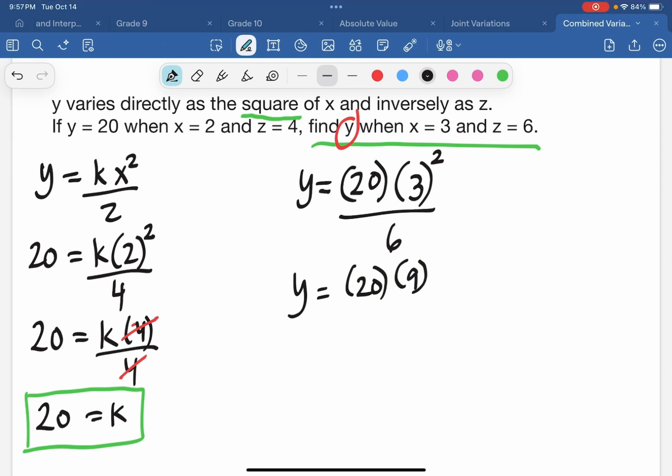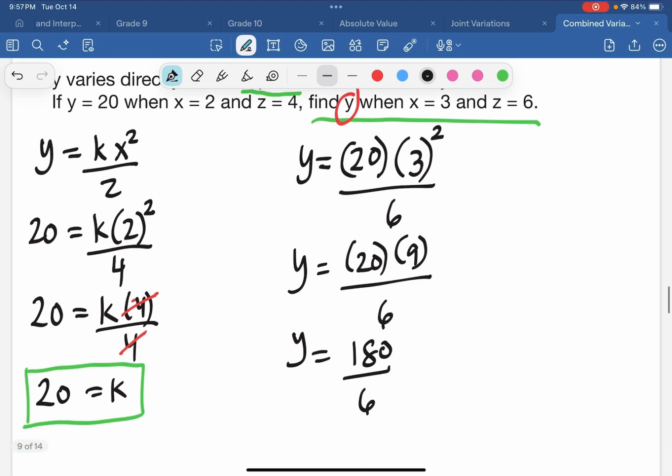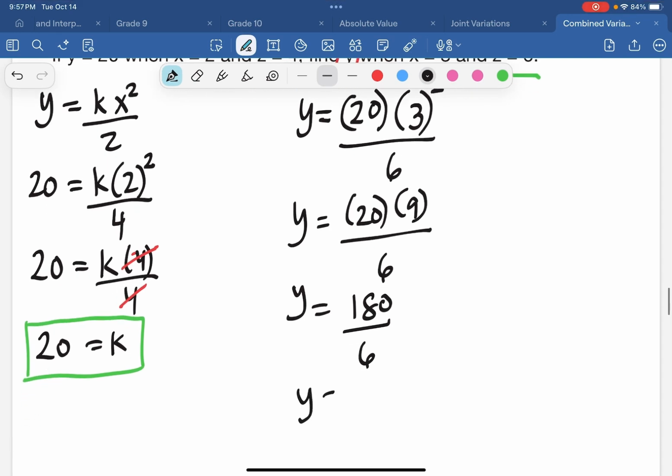So 20 times 9 over 6. Now 20 times 9 is 180. So 180 over 6, and 180 divided by 6 is 30. And this is your answer.